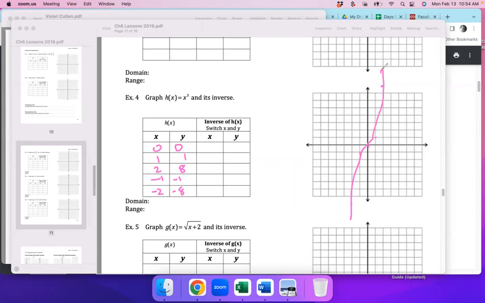It's kind of hard to draw. And then if you simply do a swap, 0, 0, 1, 1, 8, 2, -1, -1, -8, -2. So it kind of looks like this.